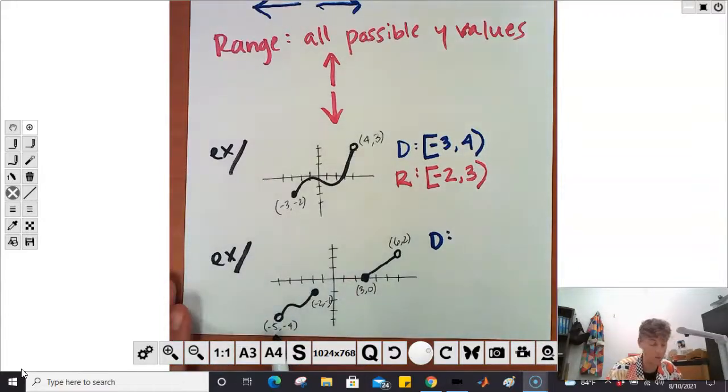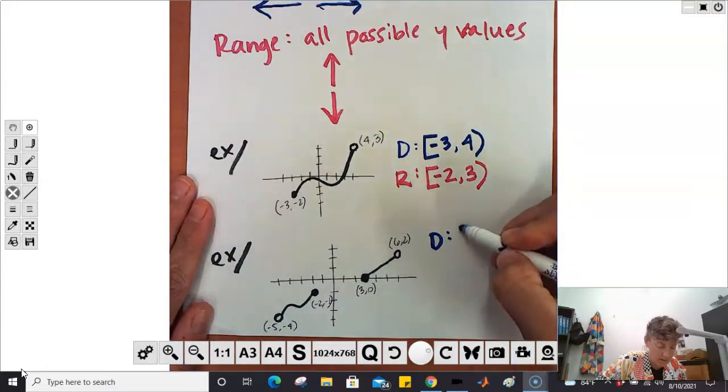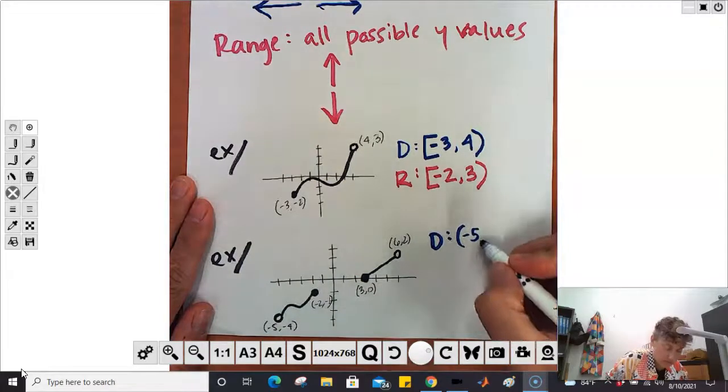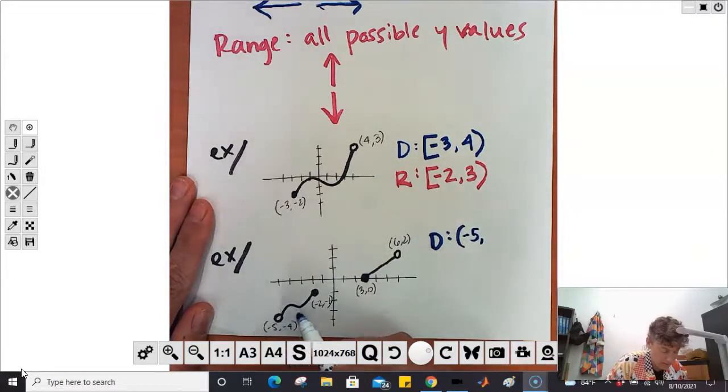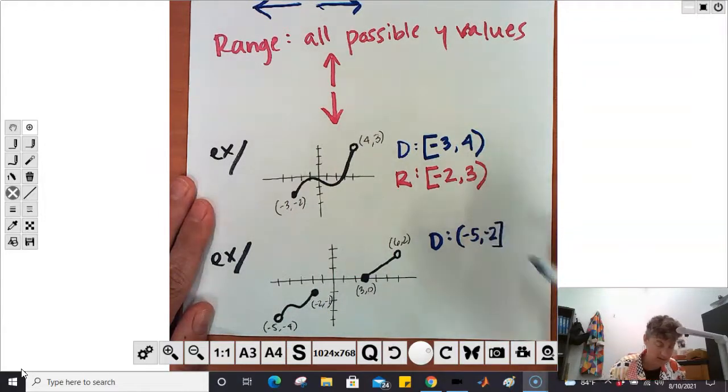The leftmost we ever get is -5, but not exactly because it's an open circle, right? So that means we want an open parenthesis, -5, up to, well, we go up to -2 when we actually touch it. It's a closed circle. So up to -2 with a bracket.